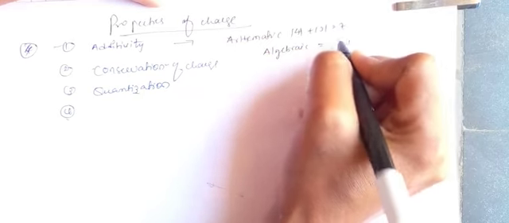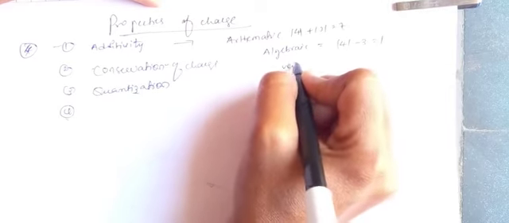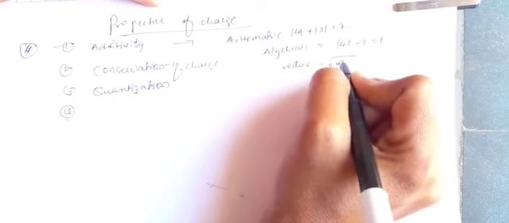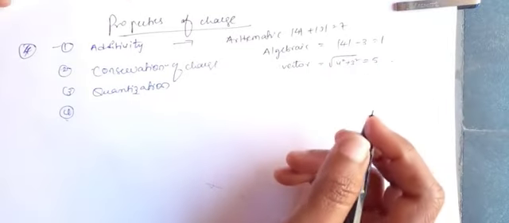Algebraic addition means 4 and minus 3, which equals 1. Vector addition equals the square root of 4 squared plus 3 squared, which gives 5.